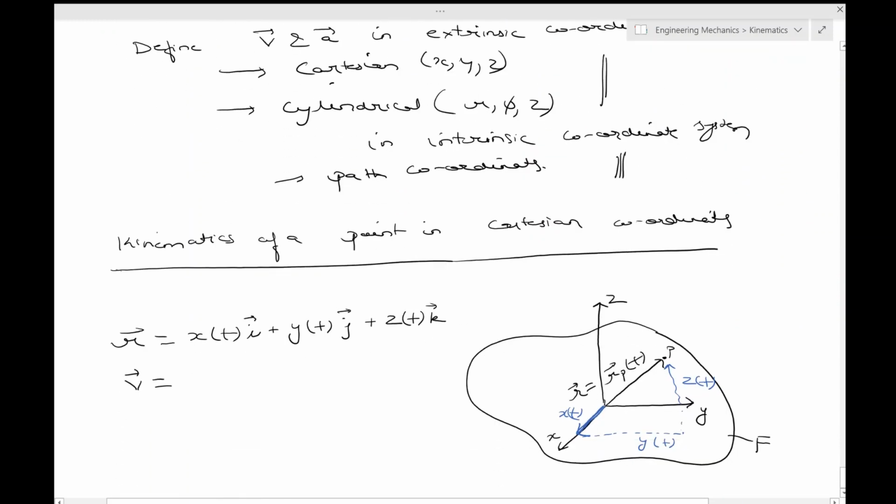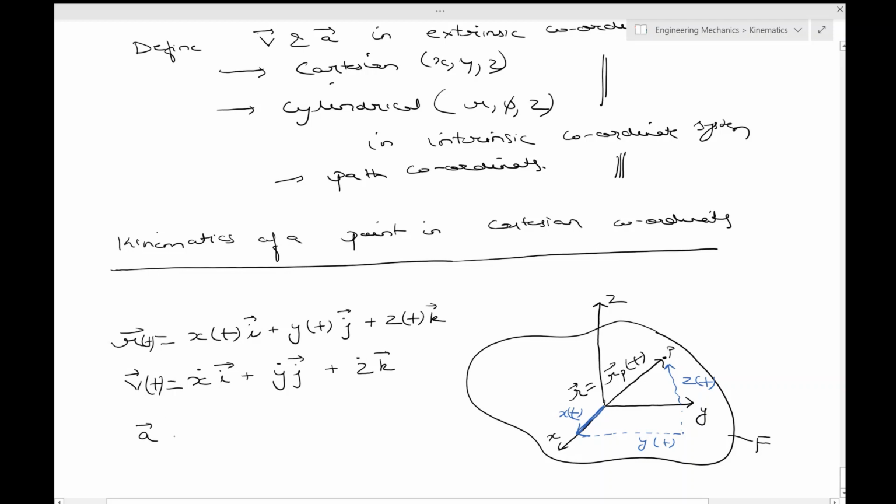So the velocity is equal to x dot I plus y dot j plus z dot k. So I have skipped the argument of time in x, y and z, but it is implicit, okay, because your dot means a time derivative, so it has to depend on time.